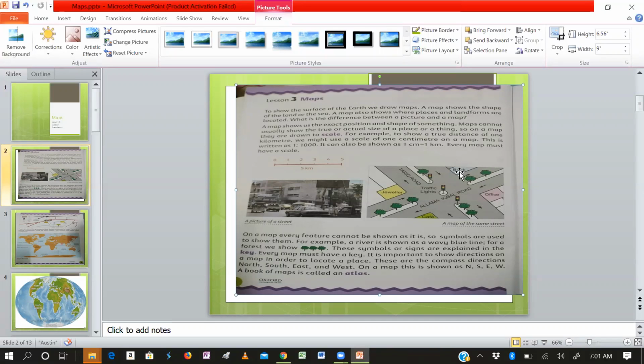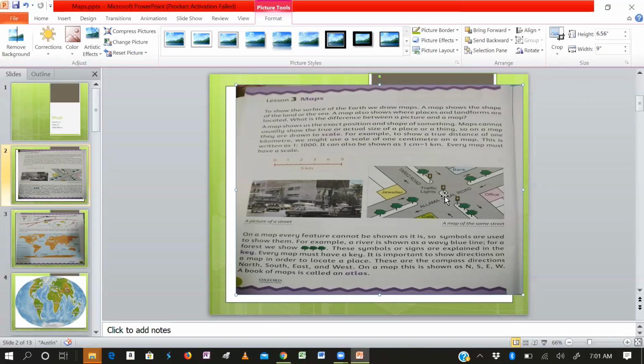And this bank is also built on a rectangular area. This jeweler shop also. So you can see the exact position, location, and shape of all these places and things in this map or diagram.